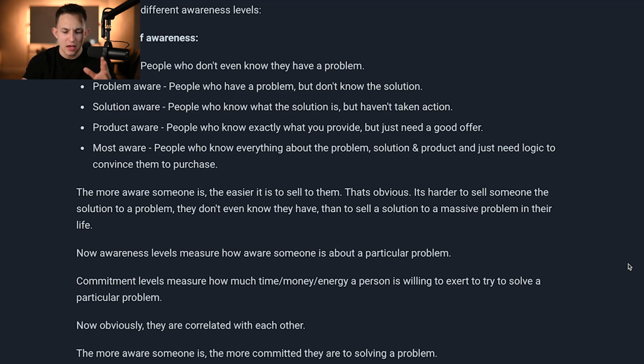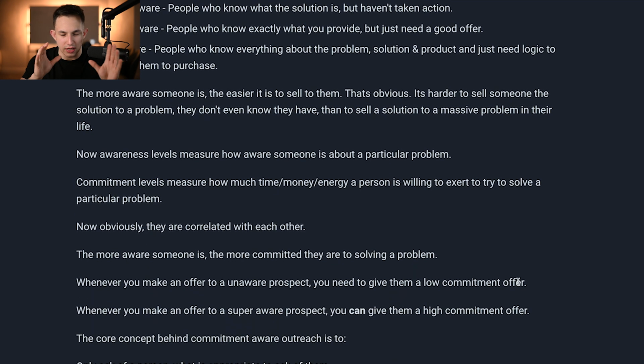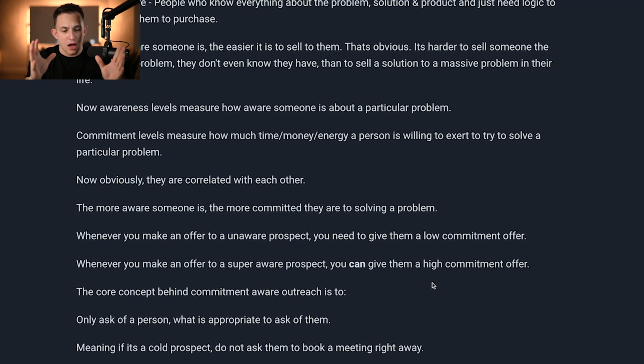If you think about it, these two correlate with each other perfectly, because the more aware you are about something, the more it bothers you, and the more it bothers you, the more you're willing to spend resources, whether it's time, money, or energy, or all three, in order to solve that problem, right? Now, why does this all matter, and why am I explaining all of this? It's because you need to understand these concepts in order to make relevant offers to the marketplace, because there's different types of leads, right? Now, let me explain all of this right now.